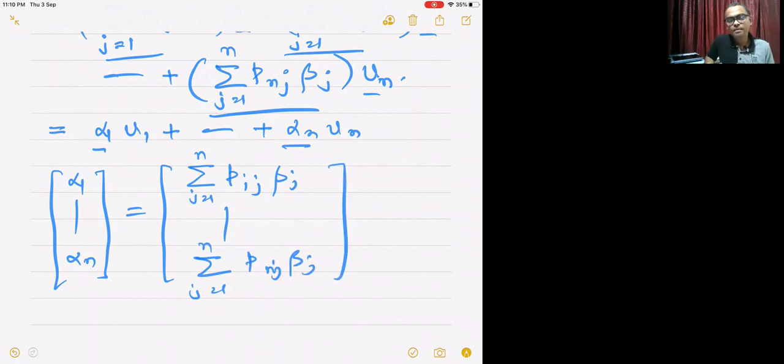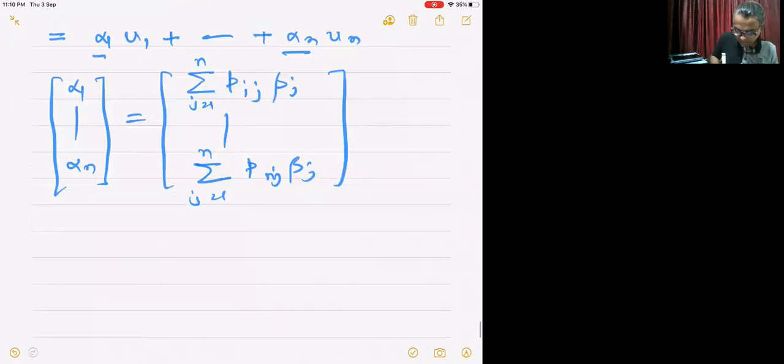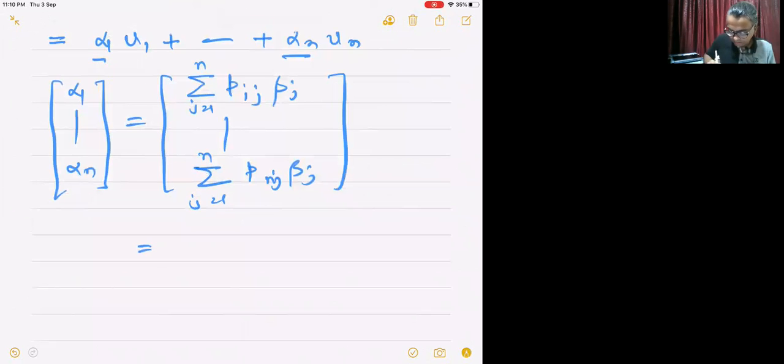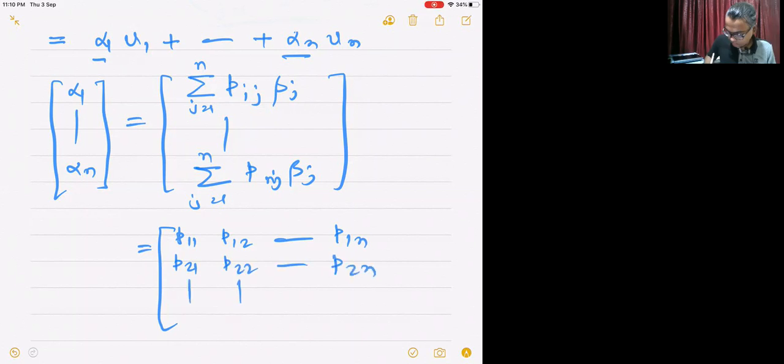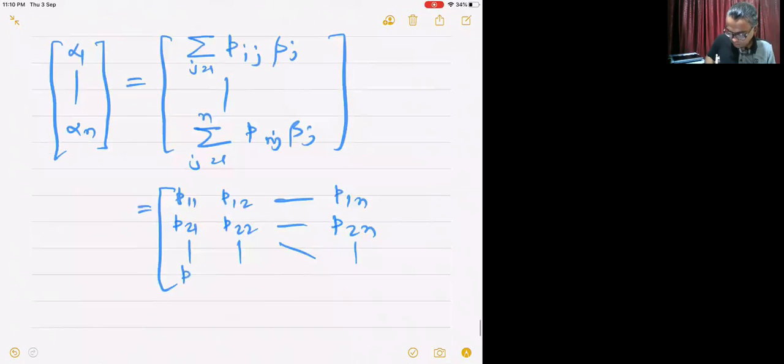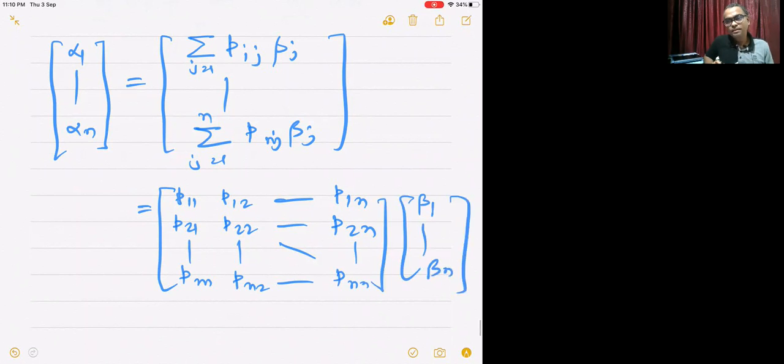Surprise, surprise, not much, because this expression is nothing but the matrix with rows P11, P12 up to P1n, P21, P22 up to P2n, and so on, finally Pn1, Pn2 up to Pnn, multiplying beta 1 up to beta n. The cutest form of this equation is what is going to come now.